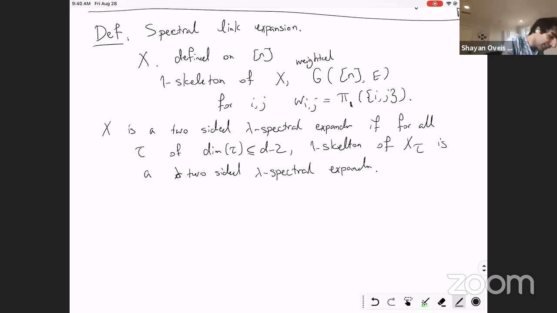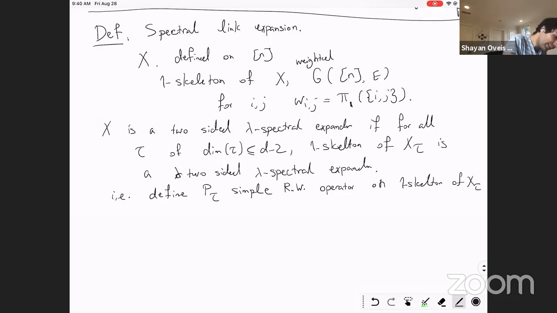You can define P of tau to be the simple random walk operator on one skeleton of X of tau. Then I want lambda star of P of tau to be less than or equal to lambda.